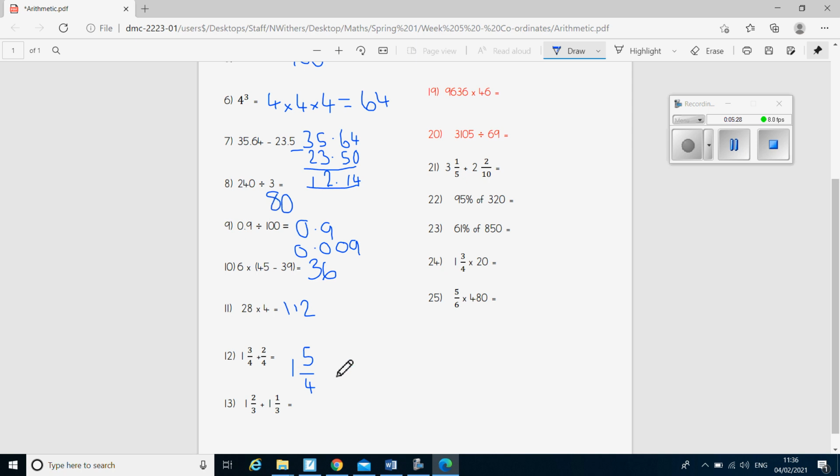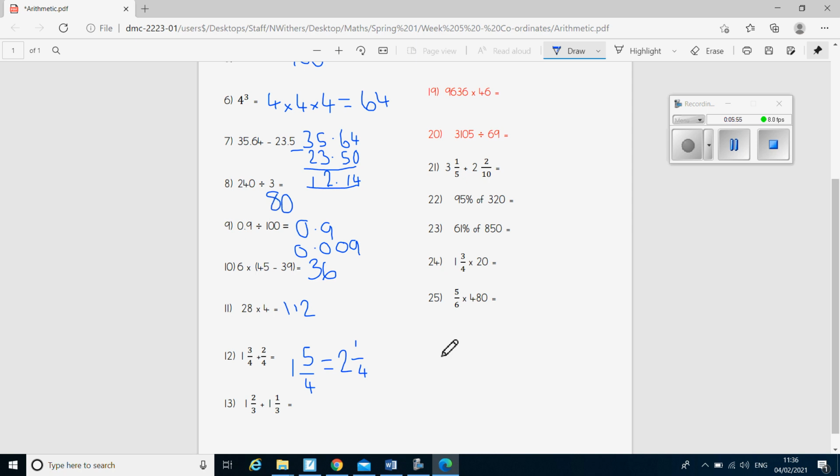Unfortunately, if I write that as my answer, I don't get the mark, because I've got a mixed number, but I've also got an improper fraction, and I can't have both. So I need to convert 5/4 into a mixed number. Well, 5/4, that means there's 1 whole 1 and 1/4 left over, plus my whole 1 that I had, so I've got 2 whole 1s and 1/4.